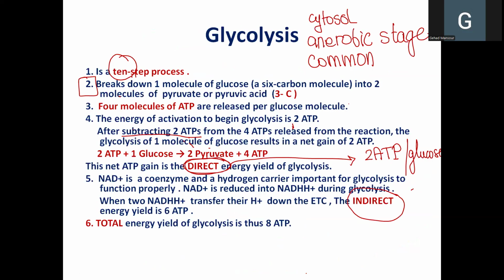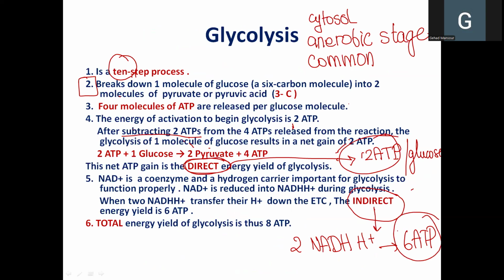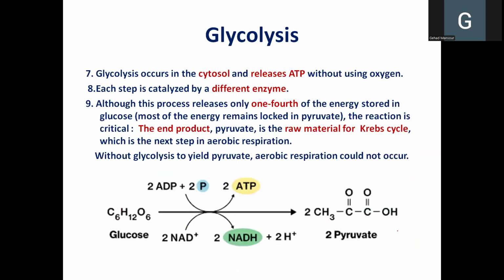So the total yield of ATP from glycolysis will be the 2 ATP molecules that are obtained directly plus the 6 ATP molecules that are obtained indirectly.